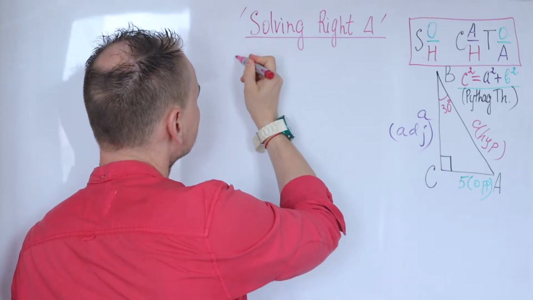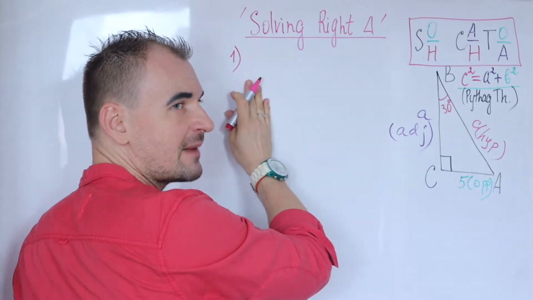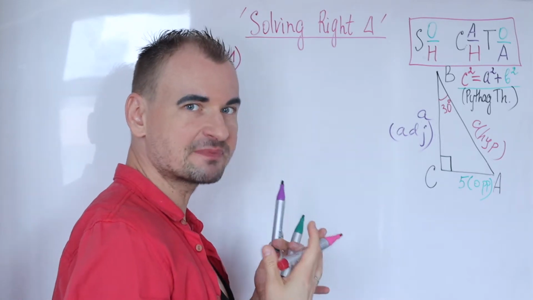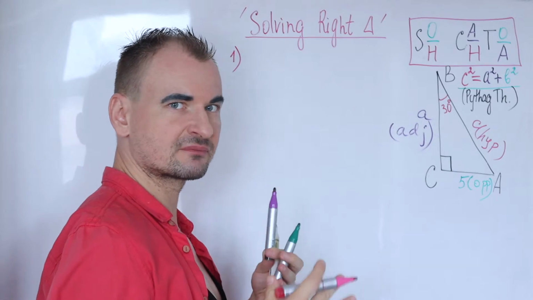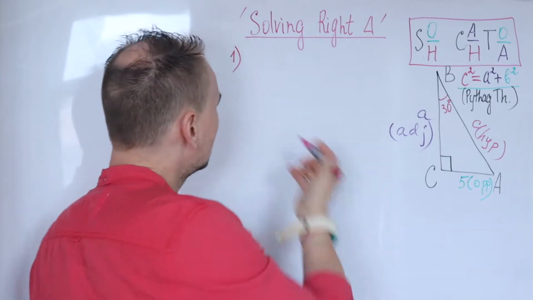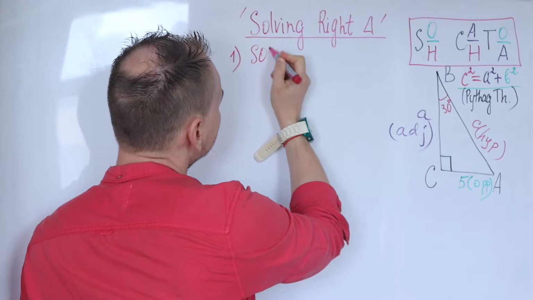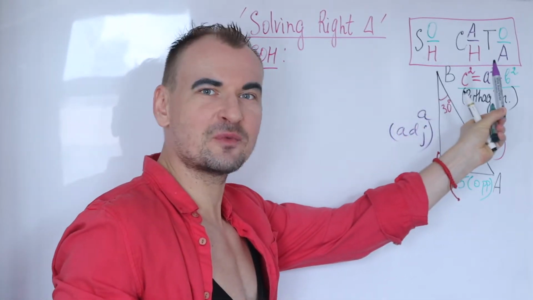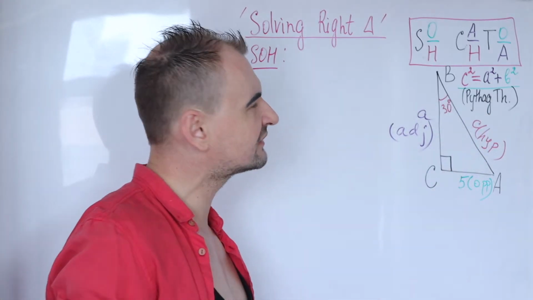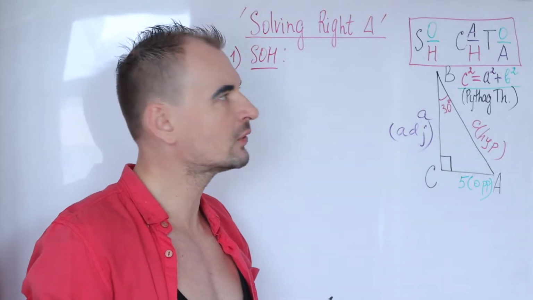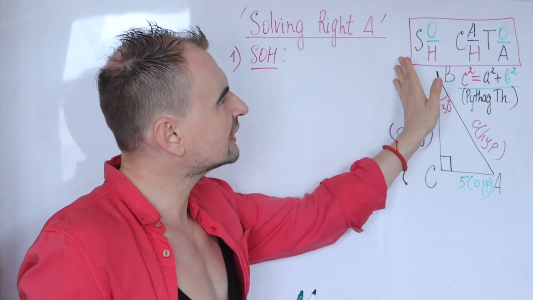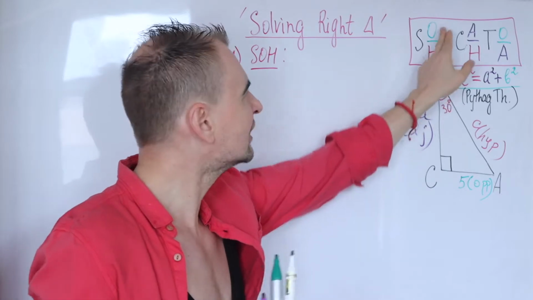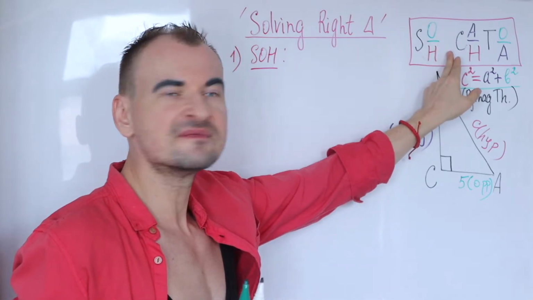I'm going to take out this SOH part of your mnemonic device. This is your first step, because all of these problems are multi-step problems, so you could just follow the pattern. It's written this way, which might look a little bit weird, and I wrote it on purpose because I would like to emphasize that sine is the ratio, the fraction, opposite over hypotenuse.